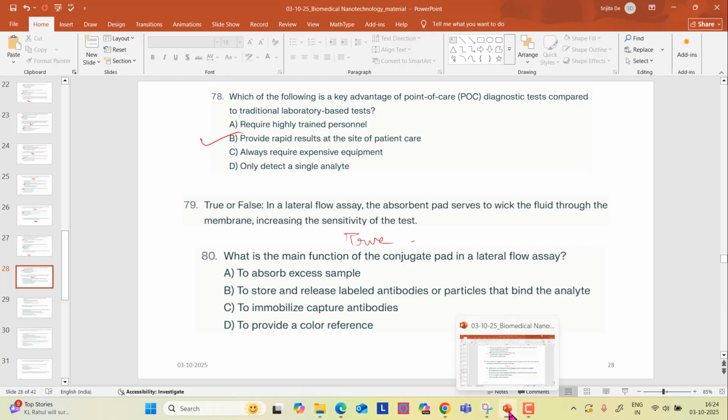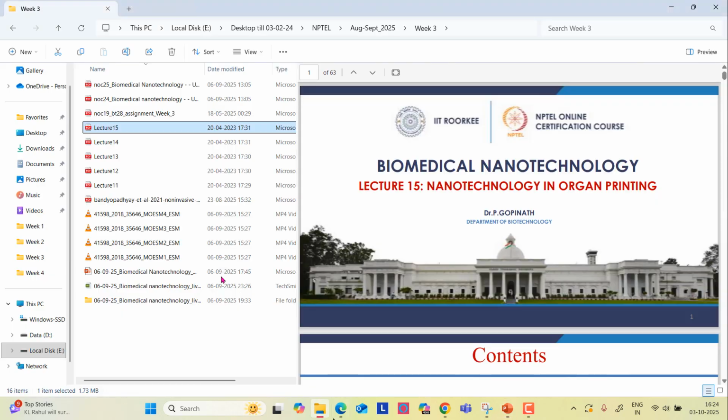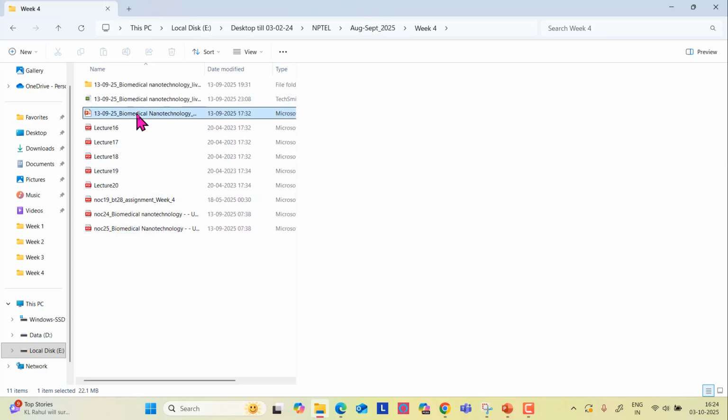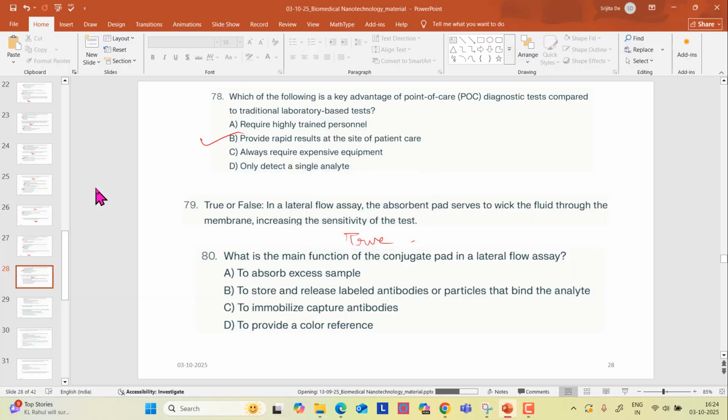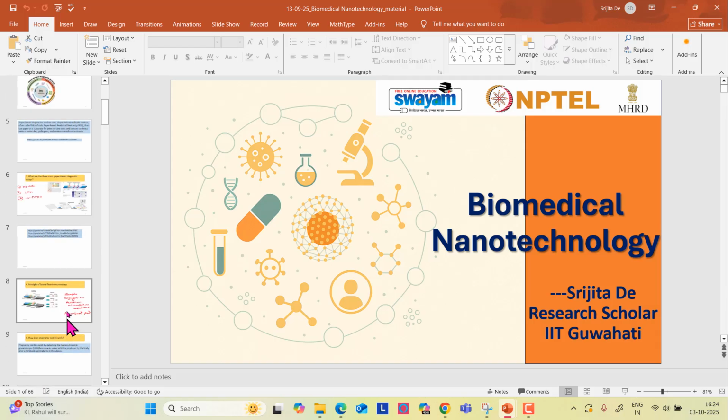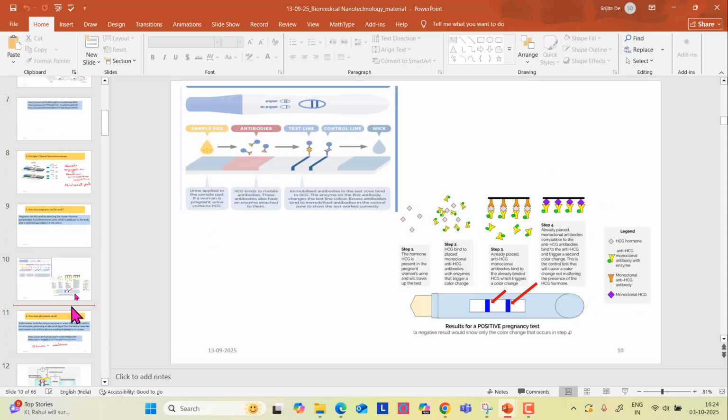Option B. If you see the image of this lateral flow assay, this is the sample pad where the sample is given.